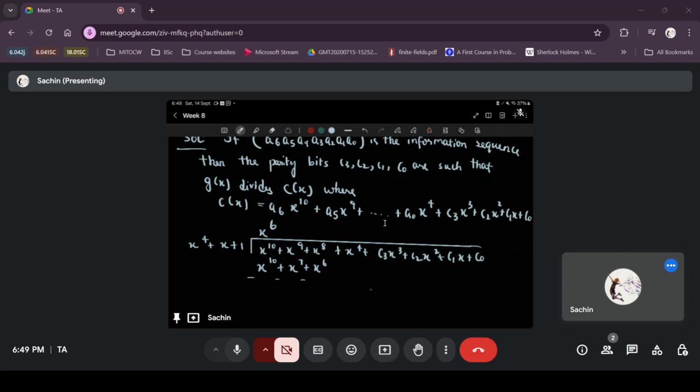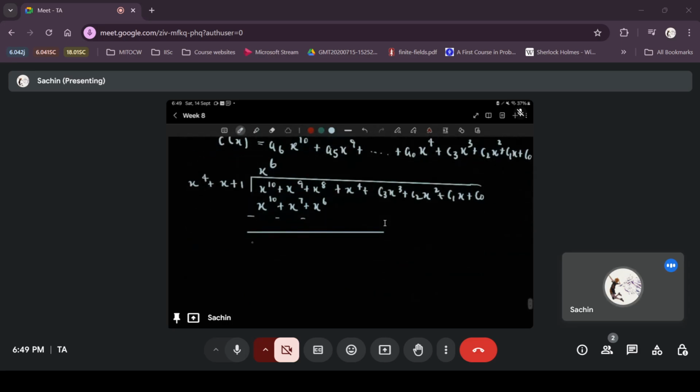Subtract and you get x power 9 plus x power 8 minus x power 7 minus x power 6 plus etc.